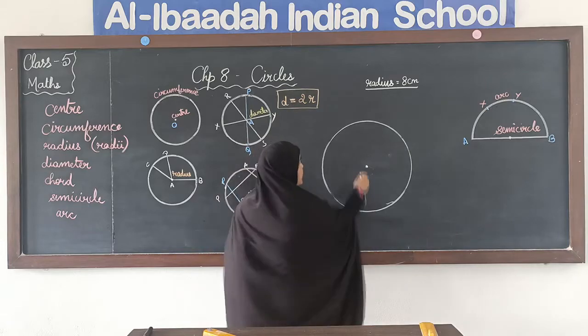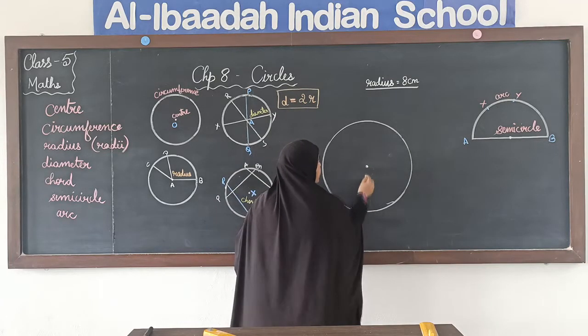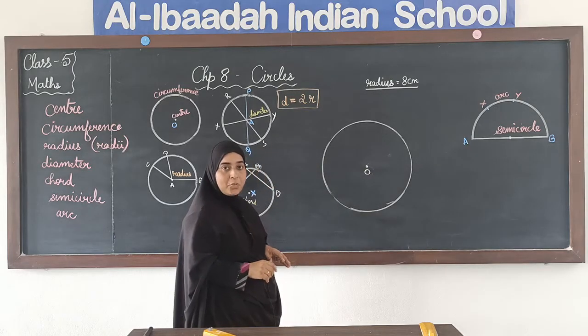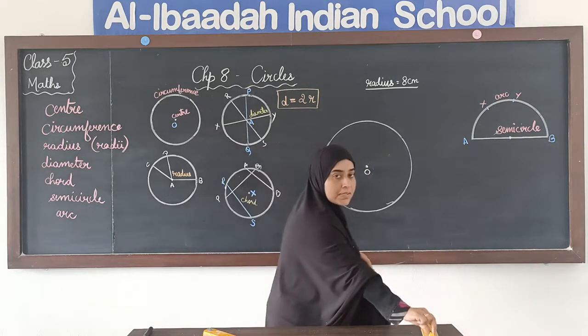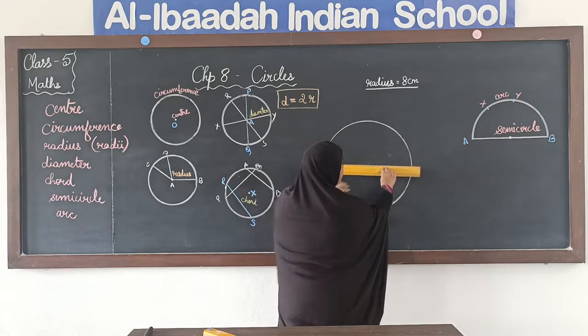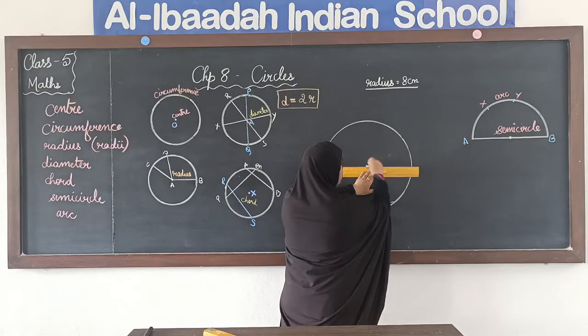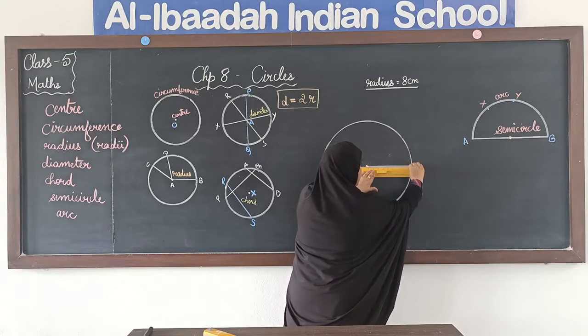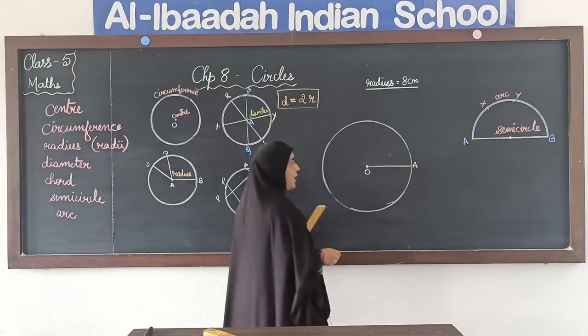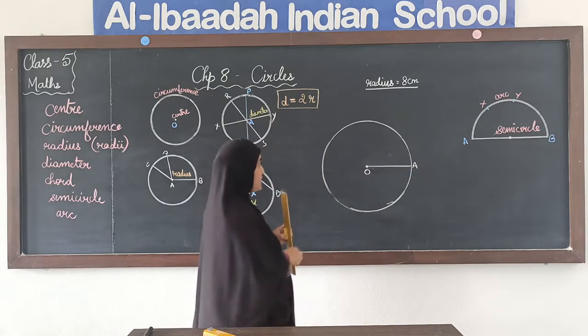Now this is my center of the circle. We can name it O, and on this circle we will try to mark the parts of the circle. First we are going to mark the radius. So from O I am going to draw a line like this, and I will name it A. So OA is my radius.